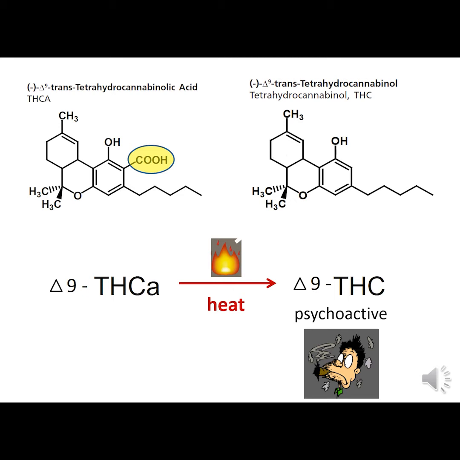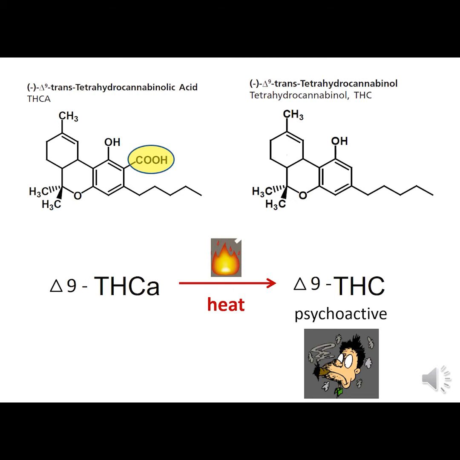So in order to adequately assess whether a plant is marijuana or hemp, it's only right to determine both molecular forms and evaluate how much potential THC could be in the plant if it is smoked or baked to get someone high.